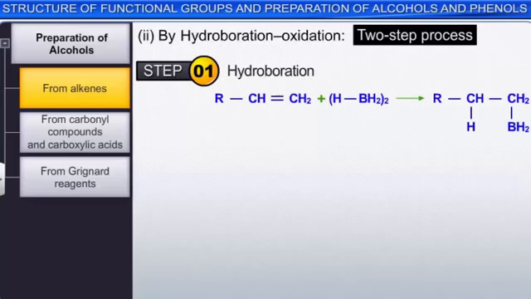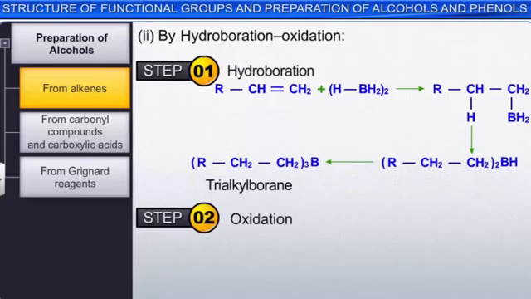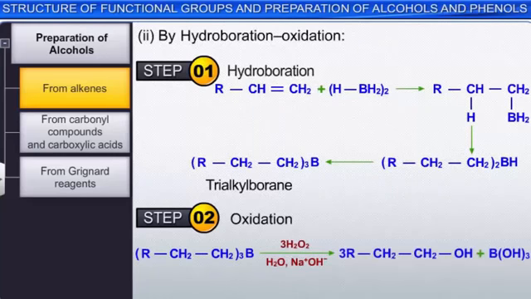The series of steps that forms the addition product trialkyl borane is shown here. Then, the trialkyl borane is oxidized by hydrogen peroxide in aqueous sodium hydroxide to form the corresponding alcohol. Note that water is not a reactant in the hydroboration oxidation of alkenes.